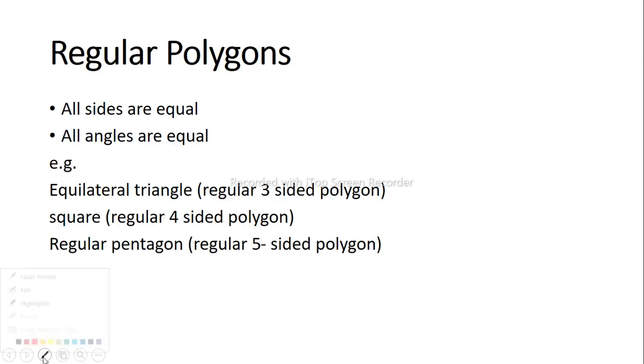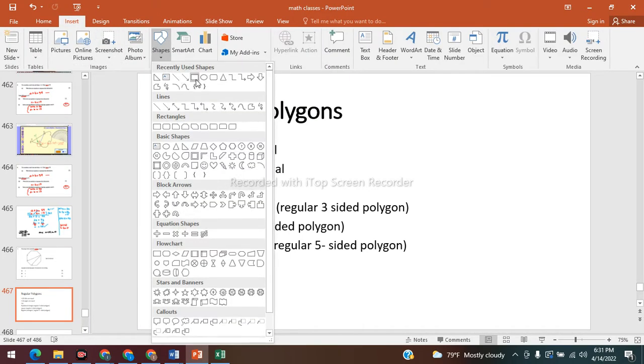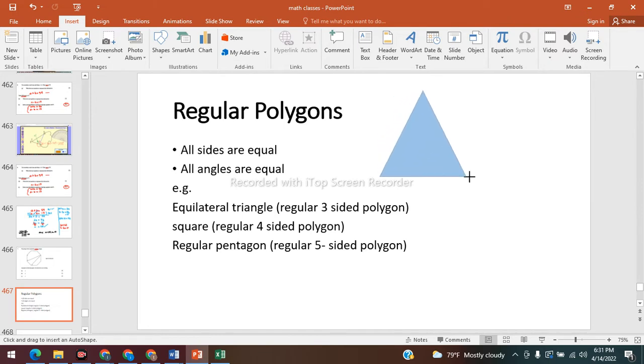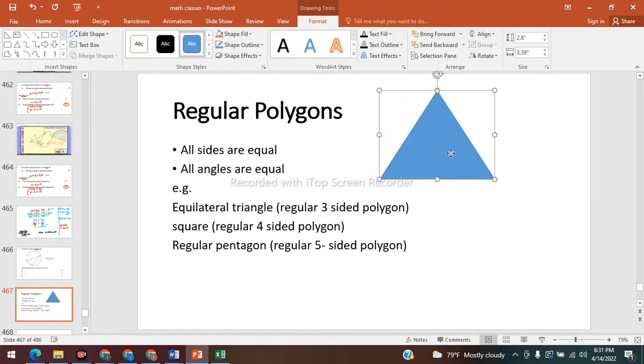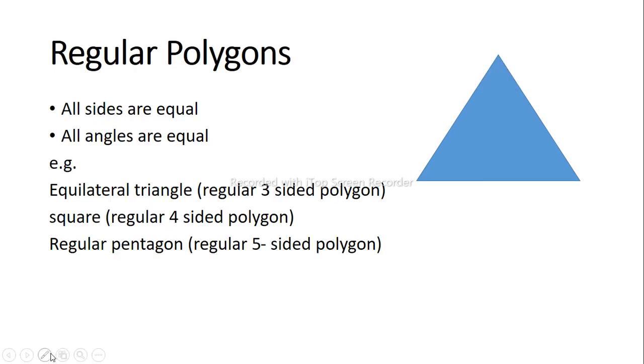So let's do a little example. With our triangle, remember all sides are equal, all angles are equal. If this is the equilateral triangle, all its sides are going to be equal, and all its angles are going to be equal to what number? What are all the angles in an equilateral triangle equal to? 60, very good.